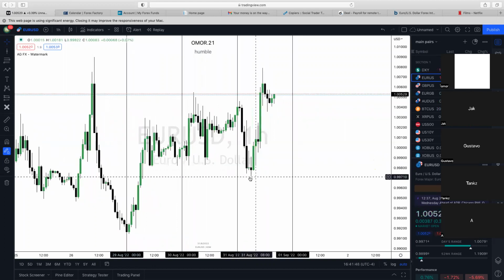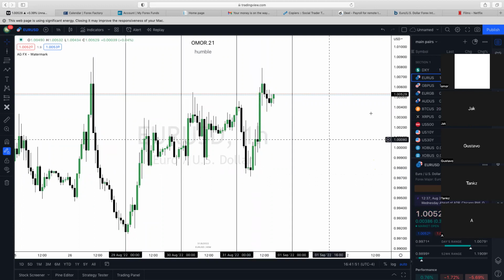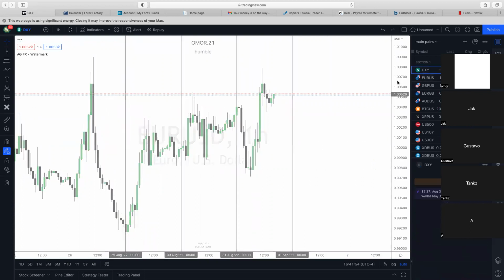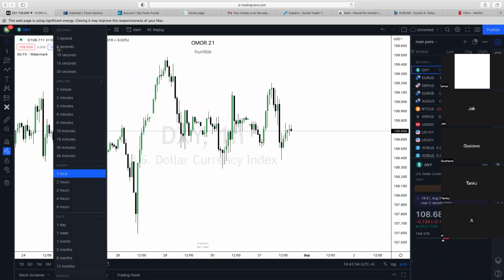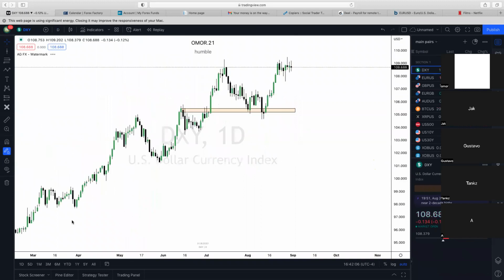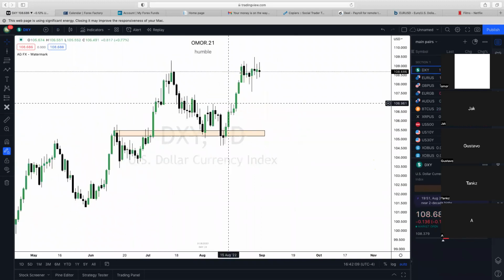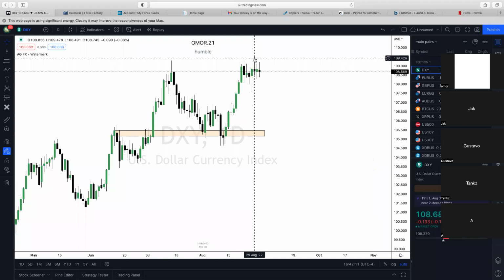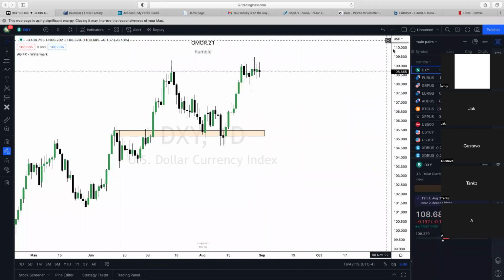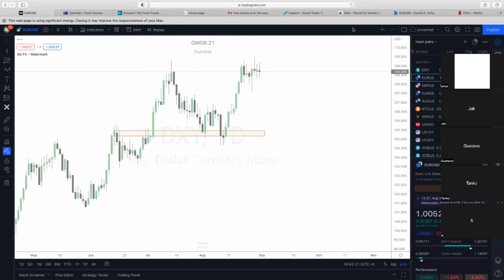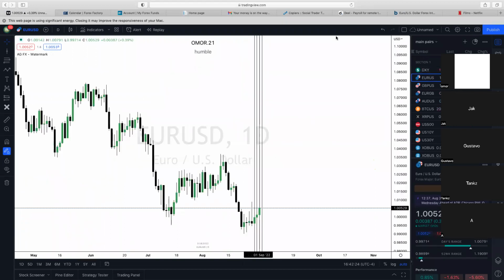Today was a good example of the London Judas, right? Now on the DXY, if you go on the daily chart, just for context, you see when we swept these highs, on the Monday it swept the highs and clearly rejected down. I remember we were looking for shorts into this fair value gap. On the euro, if you're looking for longs, this is how you will look for longs.